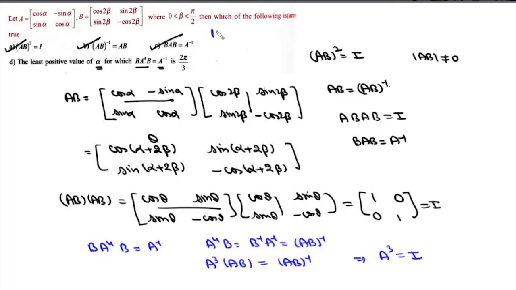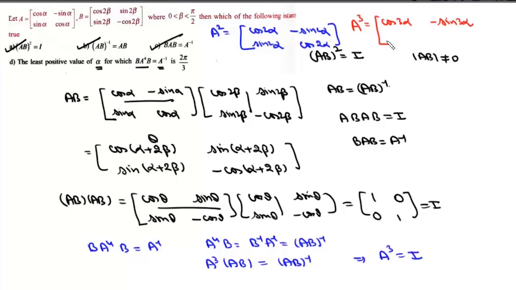Now we multiply A with A, we'll get A square, and A square will be cos square alpha minus sin square alpha. There will be cos 2 alpha, minus sin 2 alpha, and here will be sin 2 alpha, cos 2 alpha, and we multiply it again, we'll get A cube as cos 3 alpha, minus sin 3 alpha, sin 3 alpha, and this is cos 3 alpha.